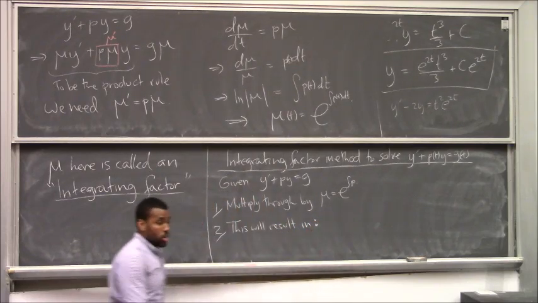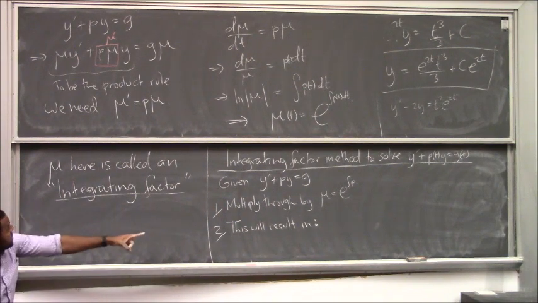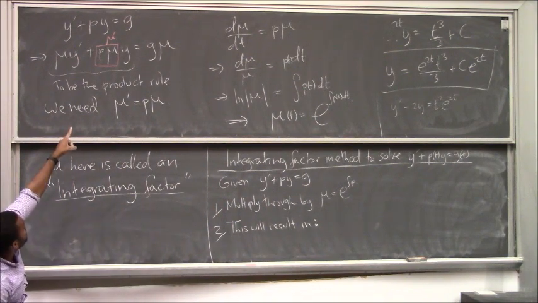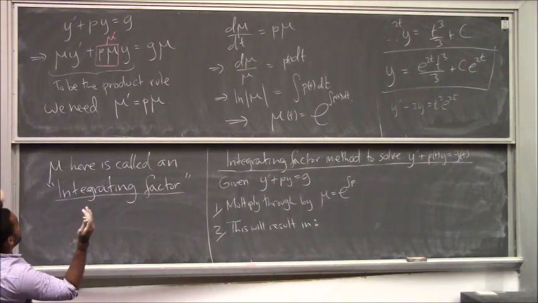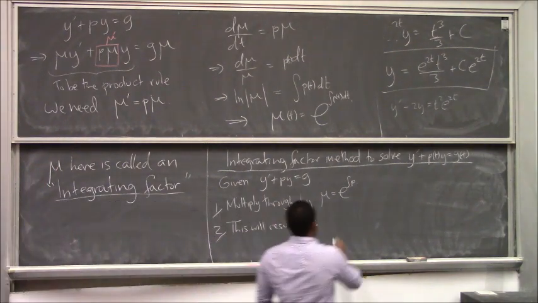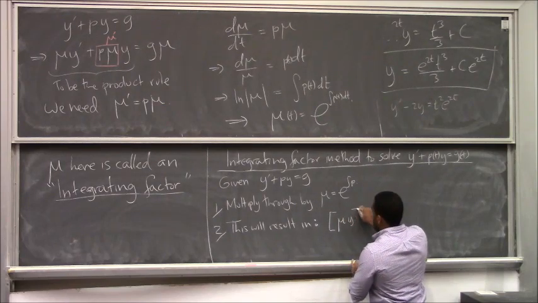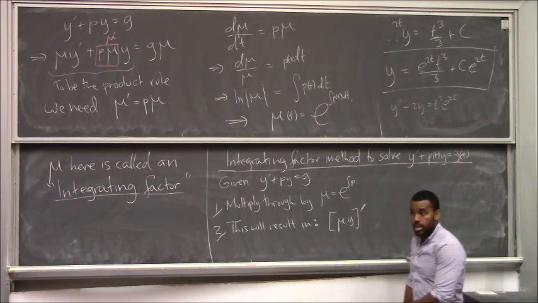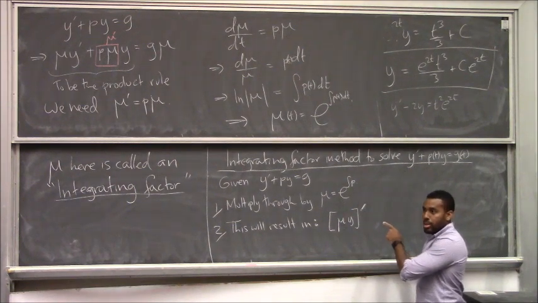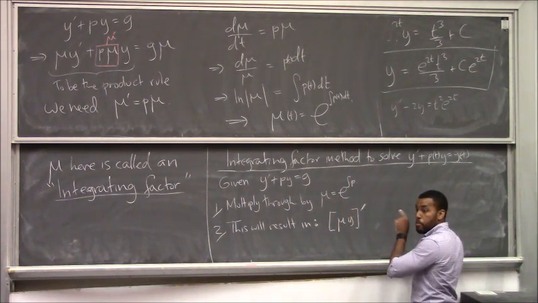That was what I need to let p of mu be mu prime, which means that the equation can now have a new form. The equation will have the form mu times y all prime on the left side. We literally force that to happen. We solve for the specific mu that makes that happen.